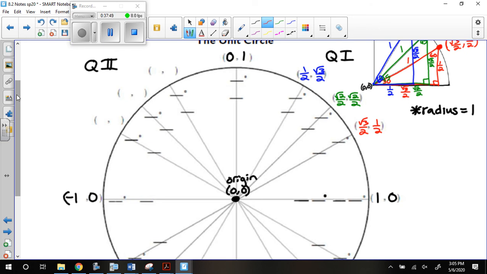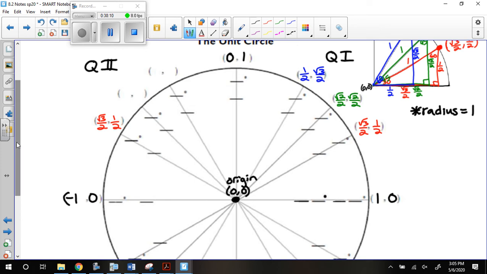The red ordered pair, square root of 3 over 2, 1/2, is going to flip over and land here: square root of 3 over 2, 1/2.